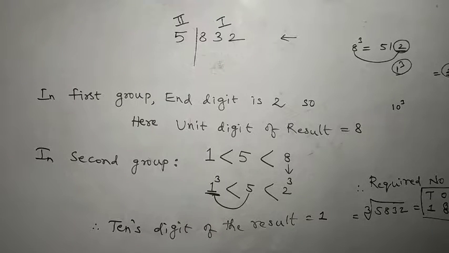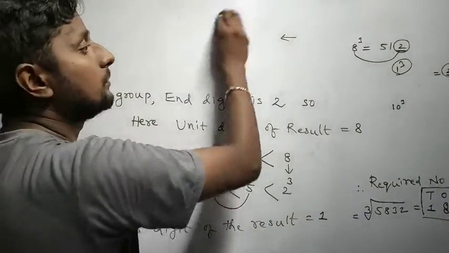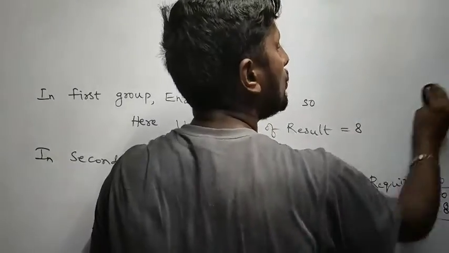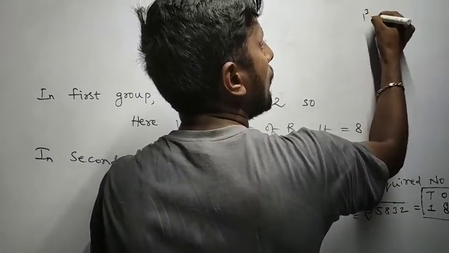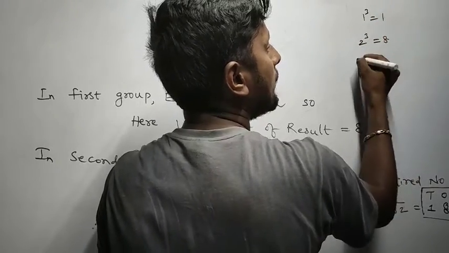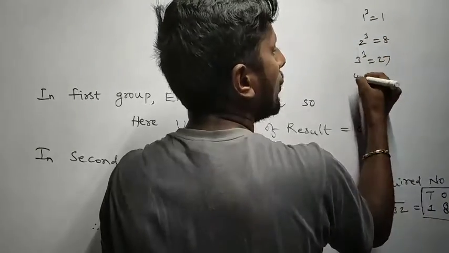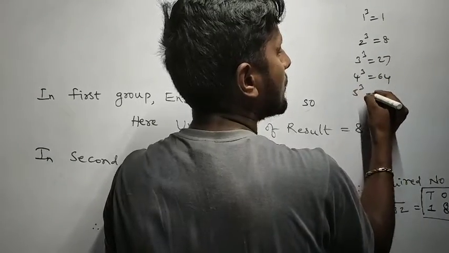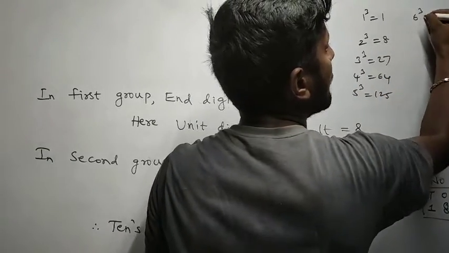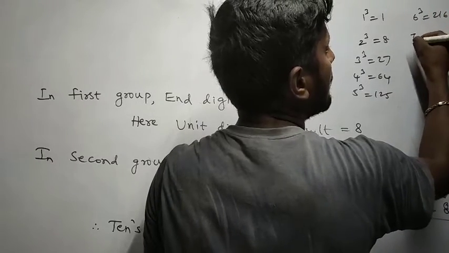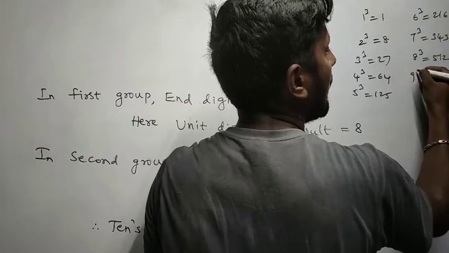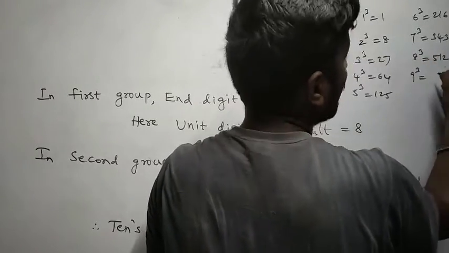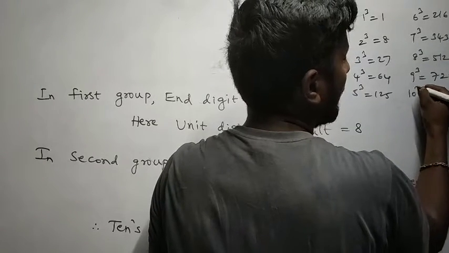So better we'll go with another example, then we can understand, okay? 2197. So better we'll write the cubes, then we can understand. 1 cube answer 1, 2 cube answer 8, 3 cube answer 27, 4 cube answer 64, 5 cube answer 125, 6 cube answer 216, 7 cube answer 343, 8 cube answer 512, 9 cube answer 729, 10 cube answer 1000.